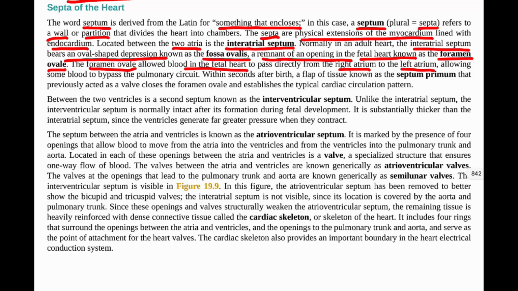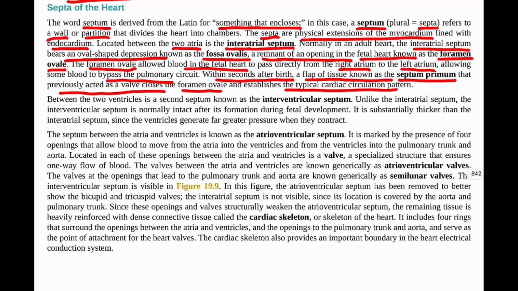Within seconds after birth, a flap of tissue known as the septum primum that previously acted as a valve closes that foramen ovale and establishes the typical cardiac circulation pattern. So as a growing fetus in the womb, in the uterus, we have a foramen ovale, and that's an opening.